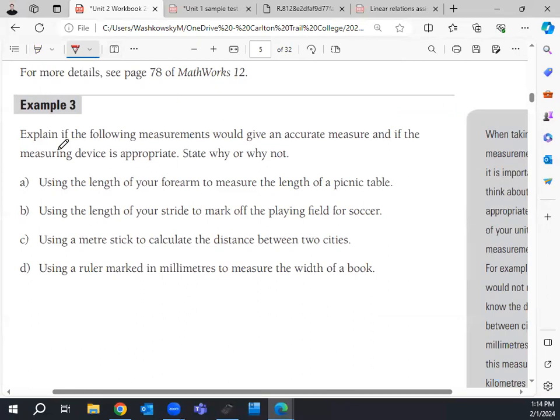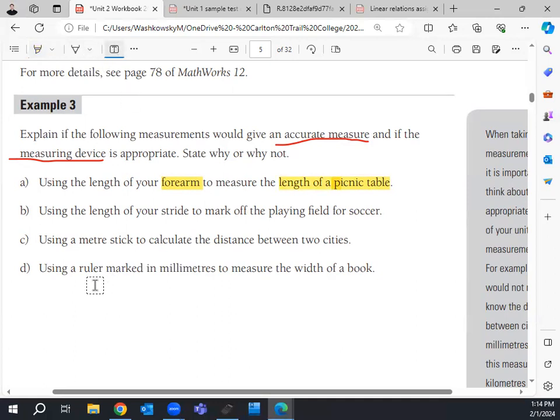So if we're looking at the following measurements and we want to give an accurate measure with the measuring device, what would we do? For the first one here, if I'm using the length of your forearm to measure the length of a picnic table, I know that sounds kind of weird, right? What do you mean using my forearm?